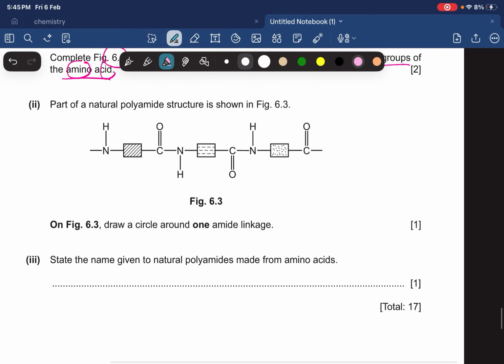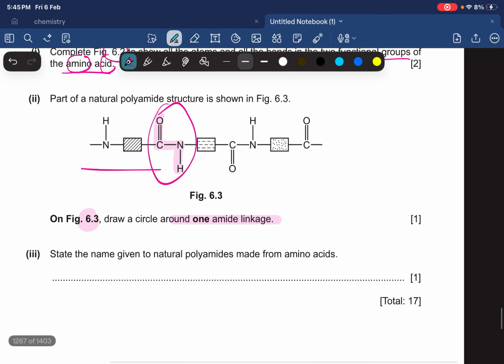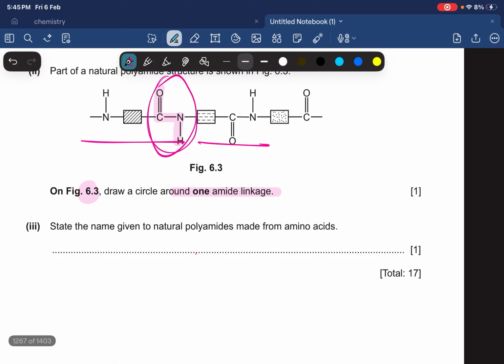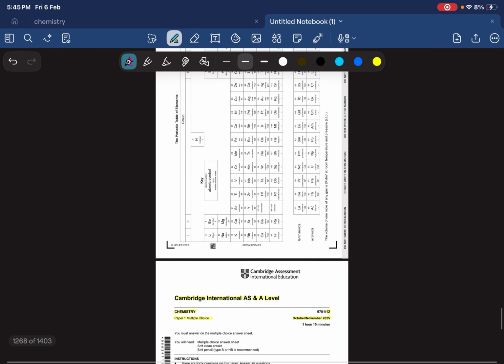Over here on figure 6.3, draw a circle around one amide linkage. That's an amide linkage. One amino acid connected to another by an amide linkage. State the name given to the natural polyamides made from amino acids. Proteins are natural. Done and dusted.